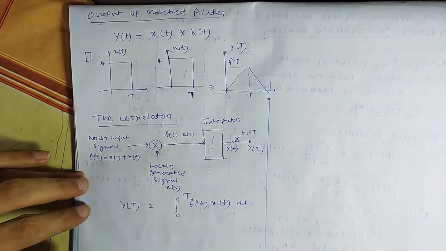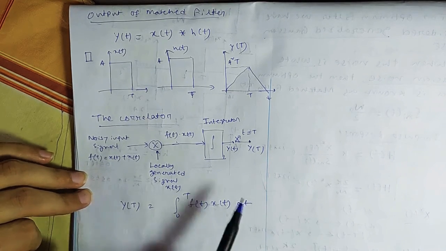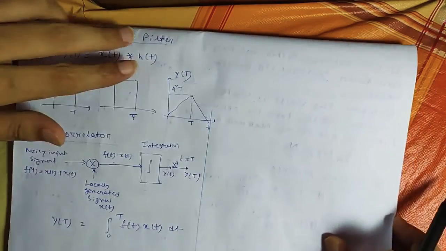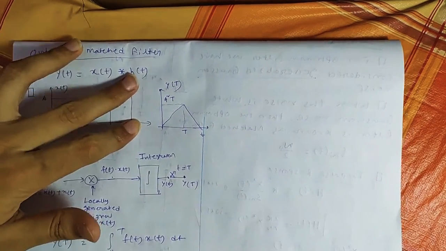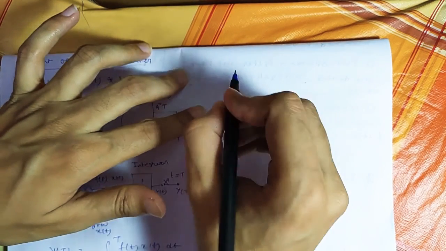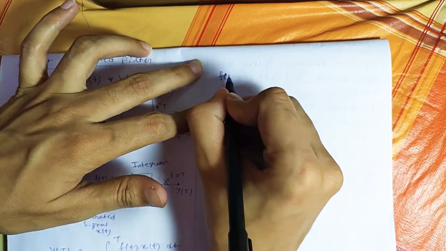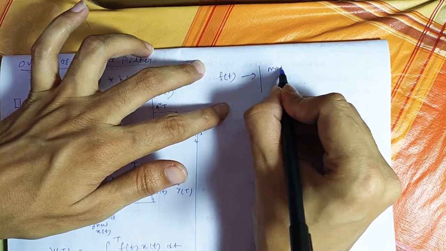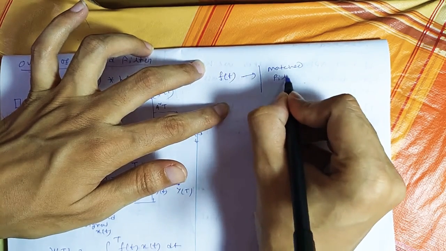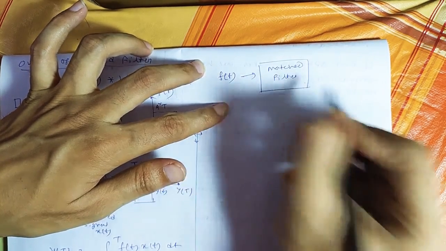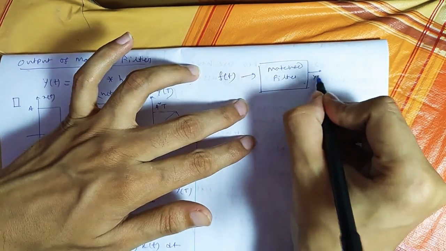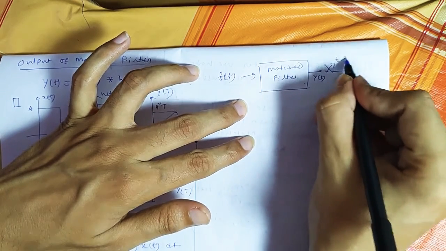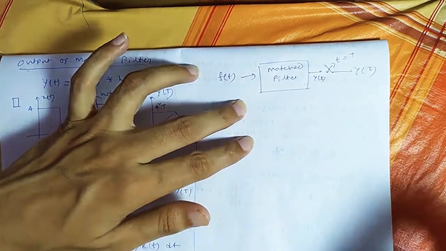Now we will compare this correlator with the matched filter. Similarly, we can visualize the matched filter output. If I apply the same noisy input to a matched filter, the output is y(t), and we'll take the sample at time t equals T, so it will be y(T).